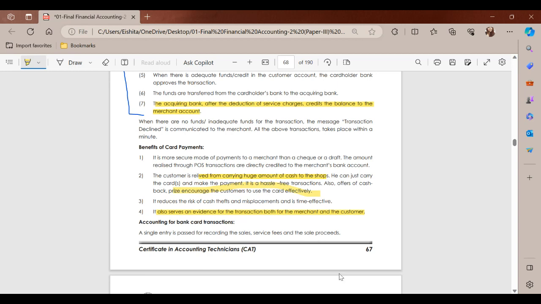Suppose on 10th of December, various customers have done 10 credit card transactions, which has resulted in a total sales of 50,000 rupees. So I'll book the entry as bank debit to sales, 50,000 rupees. Clear?